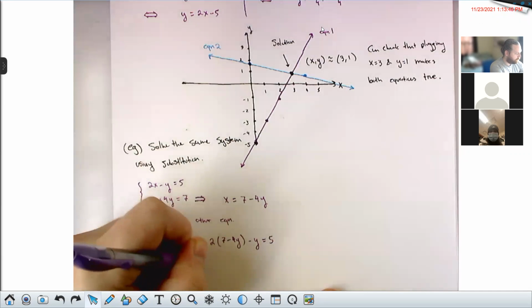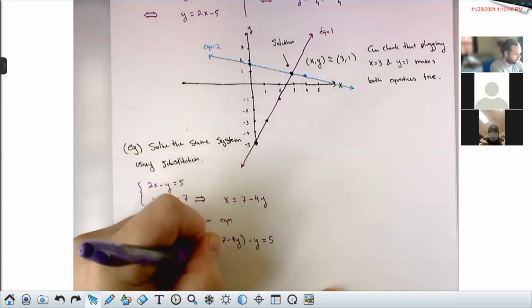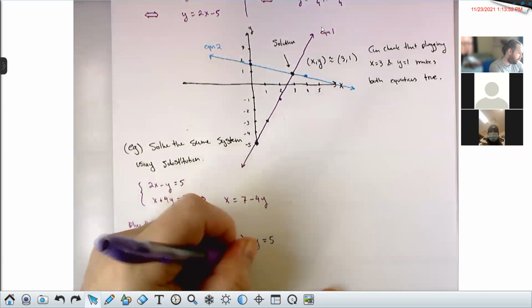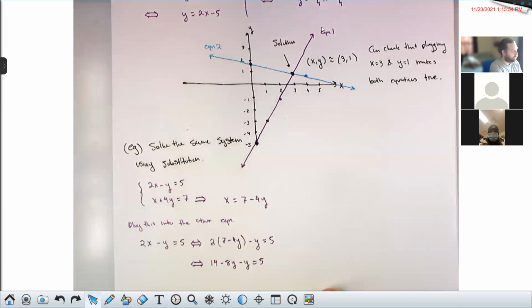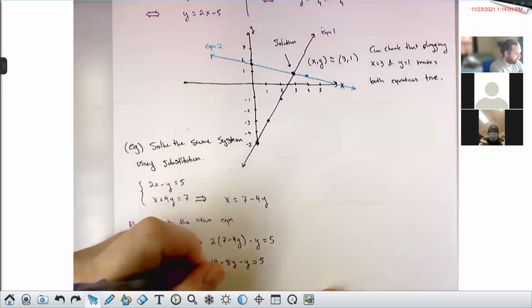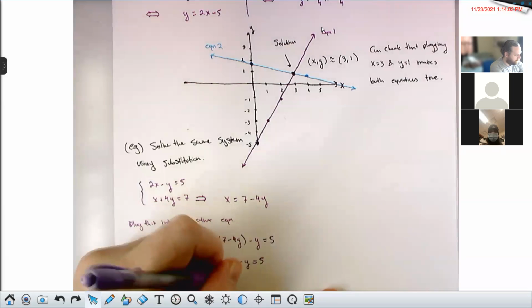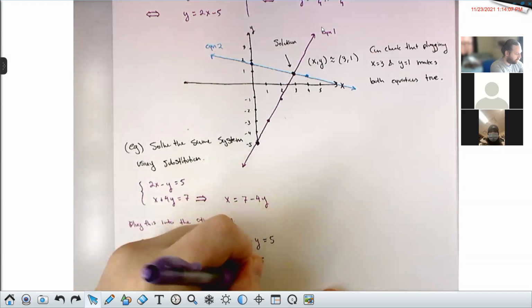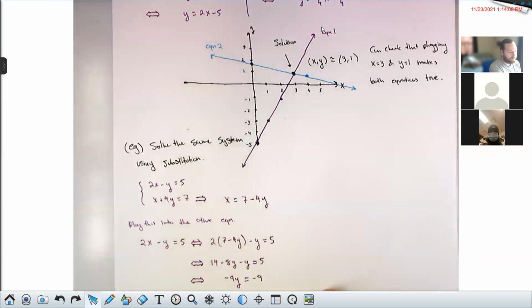Now I distribute the 2. I get 14 minus 8y minus y equals 5. Combining the y terms on the left, negative 8y minus y is negative 9y. And subtracting 14 from both sides, 5 minus 14 is negative 9.